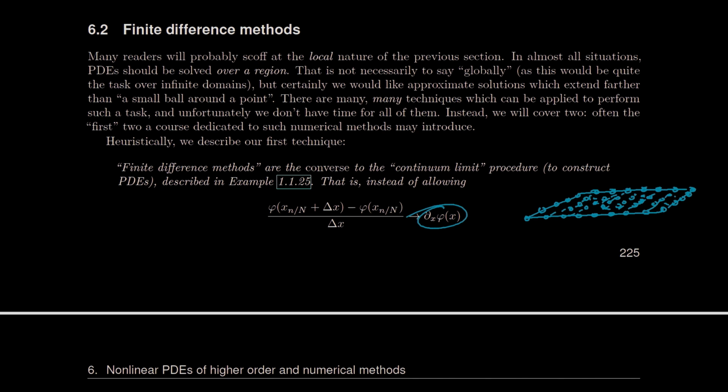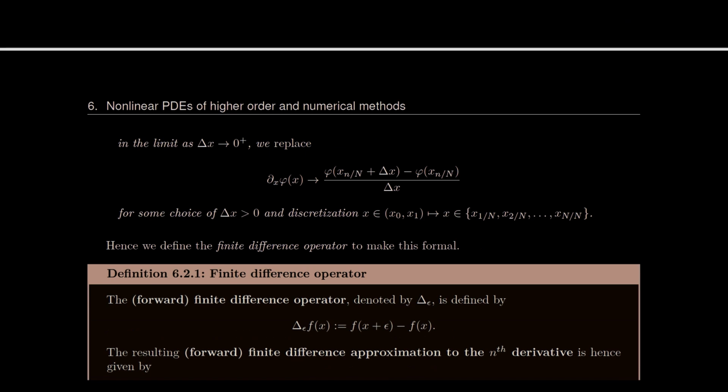So instead of creating a PDE from this physical understanding of finitely many nodes, we're just going to try to approximate PDEs that maybe start out with a partial differential operator inside of them. And we're going to replace the partial differential operator with finitely many nodes that all interact with each other. So it's just the opposite direction of that continuum limit. So that's what I've described here as the reverse direction of the continuum limit.